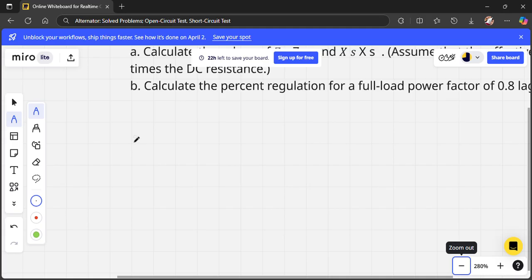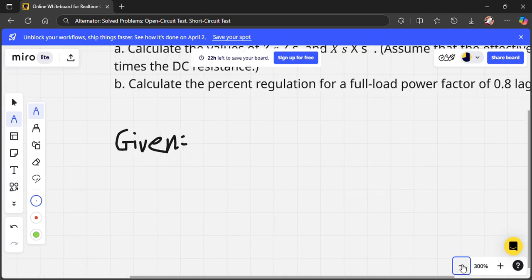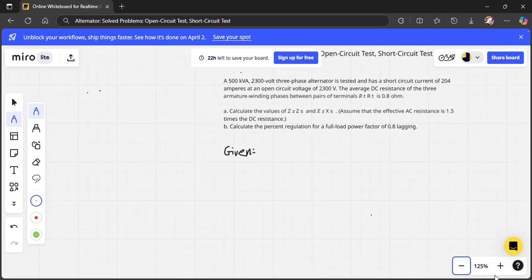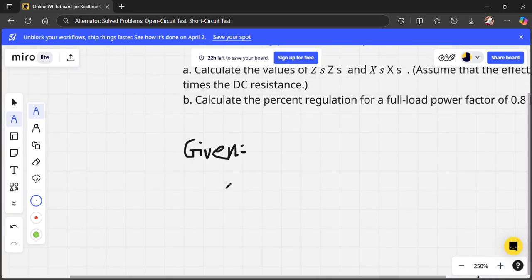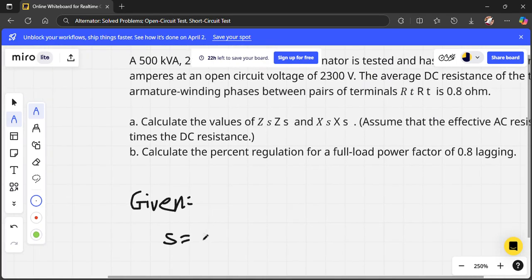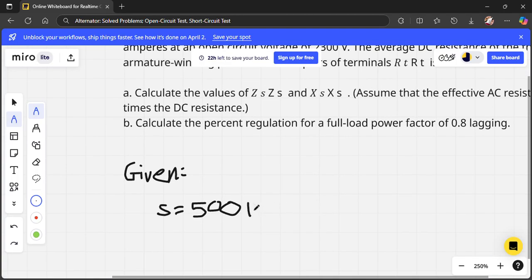So given, we have S, the apparent power, 500 kVA, right? We have that one.